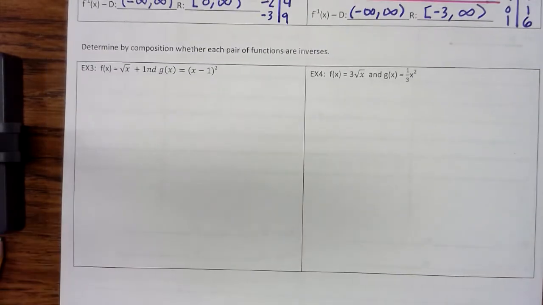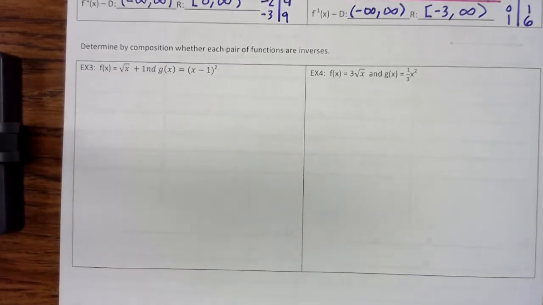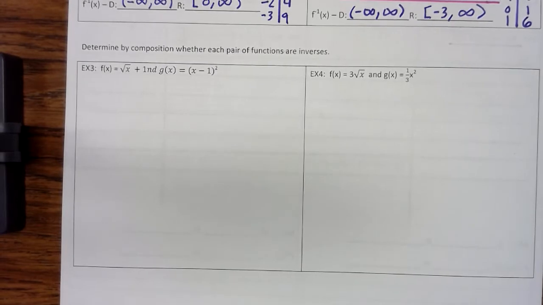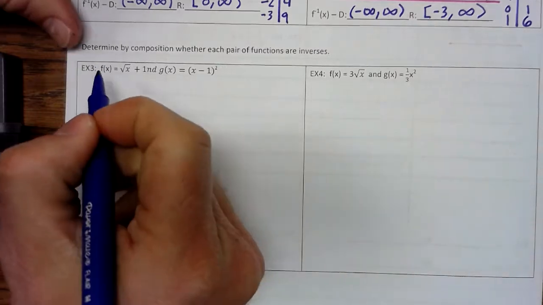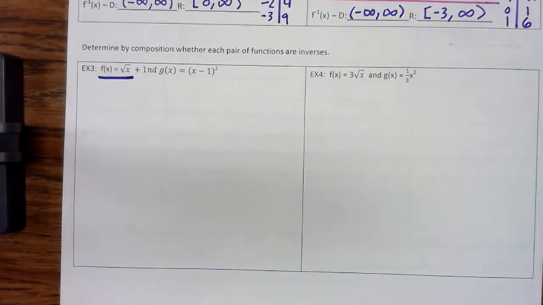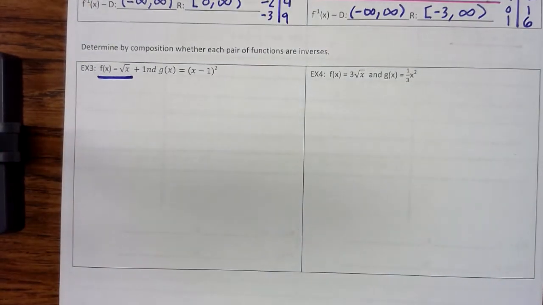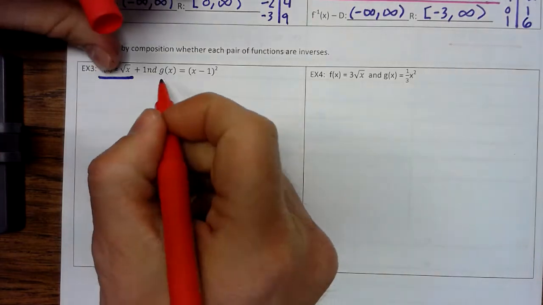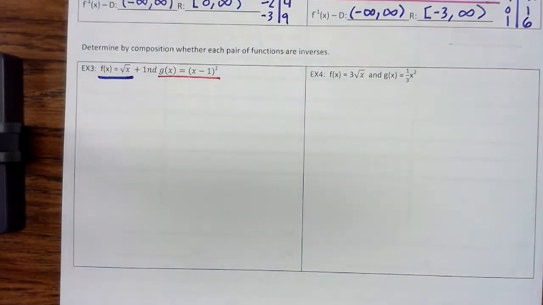Okay. Now, in this case, we're going to use blue and red. f of x is blue and g of x is red. Okay.